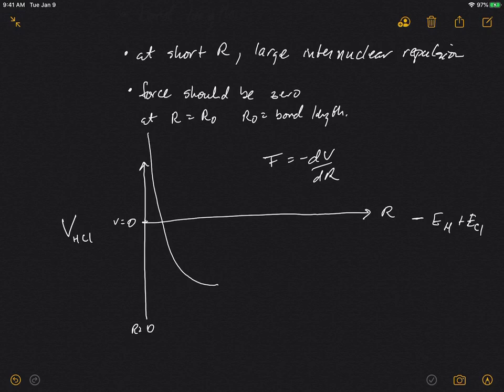And in between, we expect there to be a place where the slope is 0.